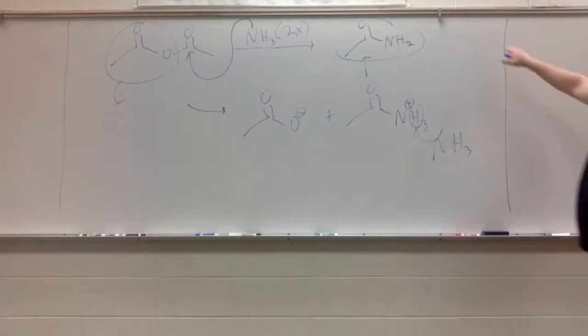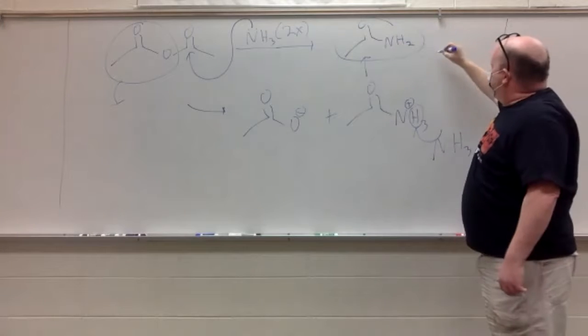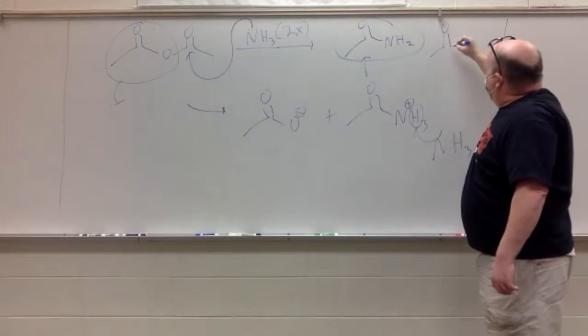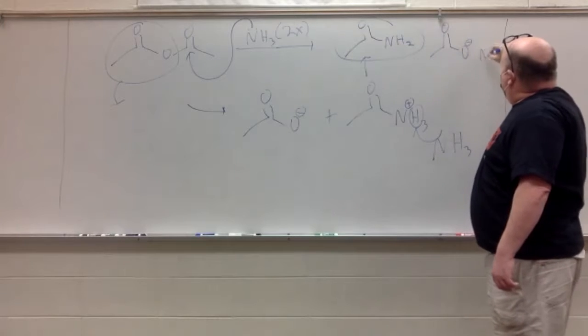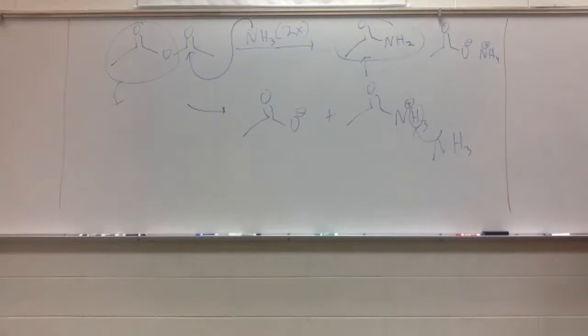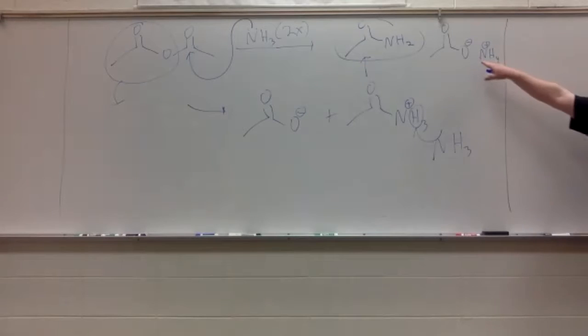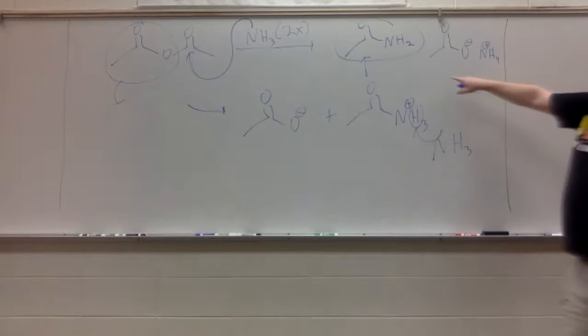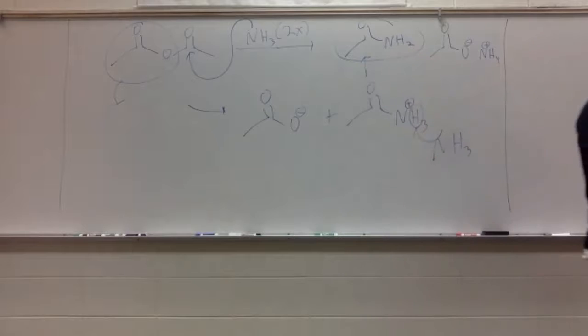You also end up with this. That's an ammonium carboxylate salt, just like NaCl, for example. It's a salt, so we don't end up with a carboxylic acid here. This is waste product. This really is not very useful. Your real target here is to make that primary amide.